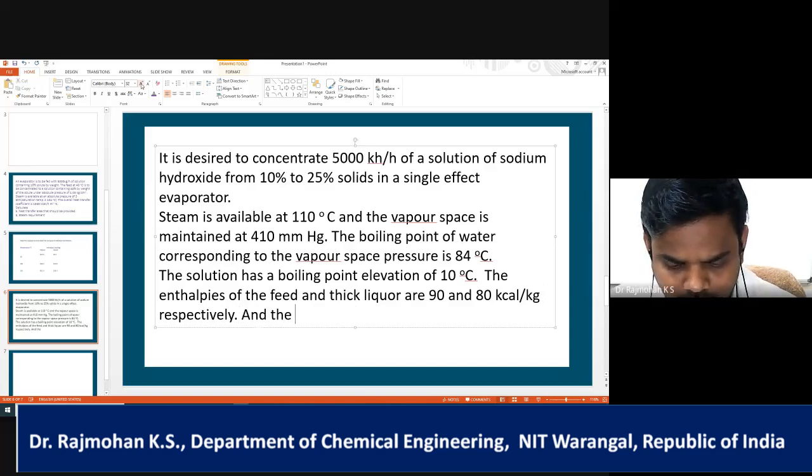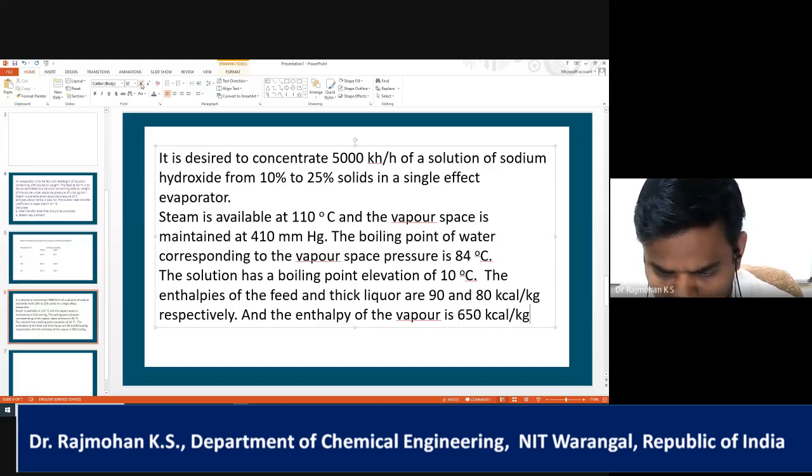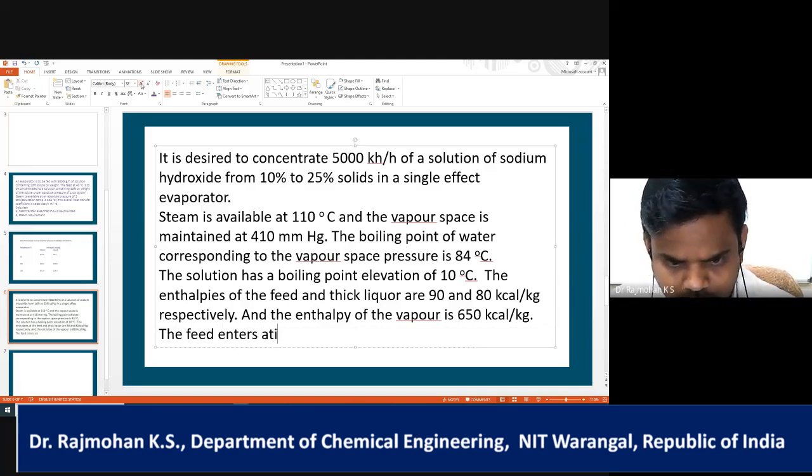And the enthalpy of the vapor is 650 kilocalorie per kg. The feed enters at its boiling point corresponding to the vapor space pressure.